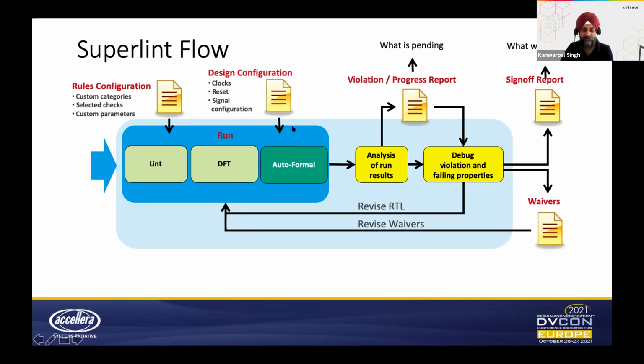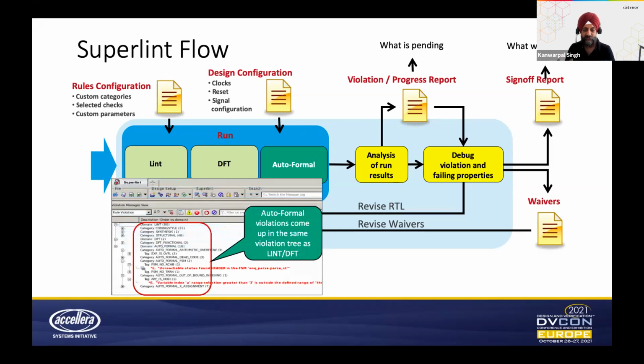And from there on, the checking and the analysis, debug, everything is the same environment as you have for the lint checks. And when it comes to analysis in the GUI, everything is shown in the same violation tree, and the whole experience from there on is the same as your structural lint checks. So that's how everything is nicely integrated into one seamless flow here.